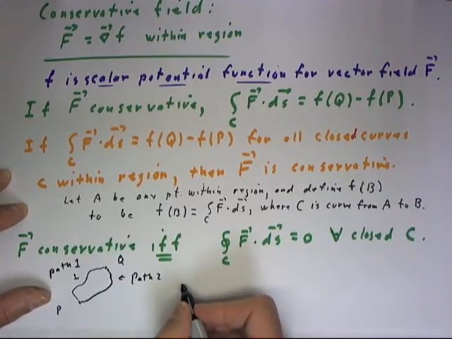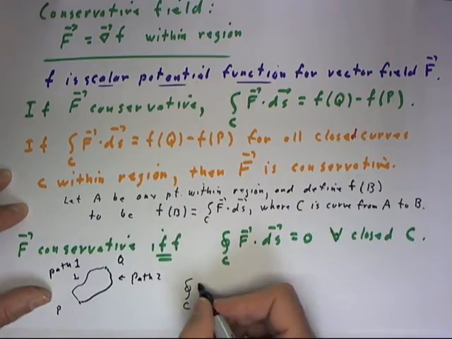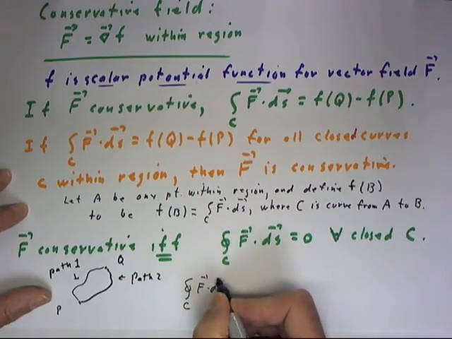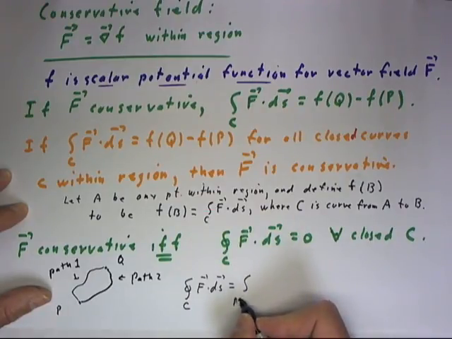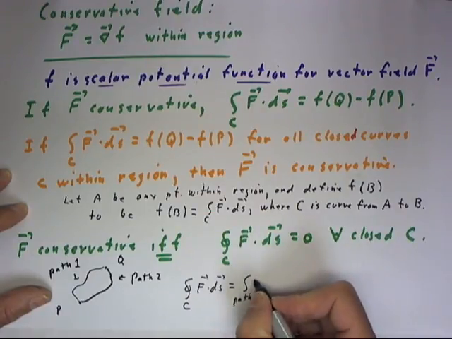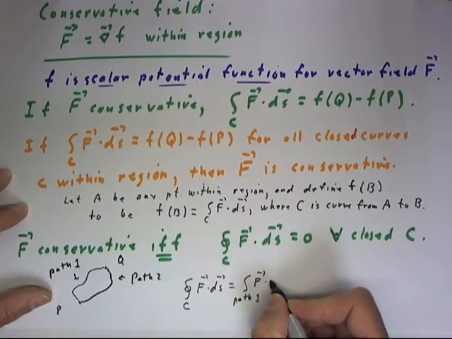So that the integral over a closed path of F dot ds could be the integral over path 1 of F dot ds.